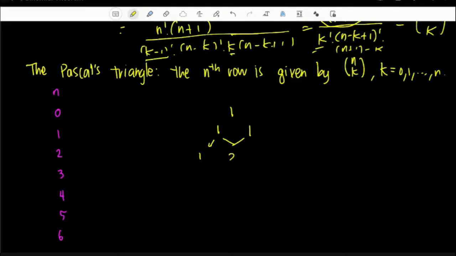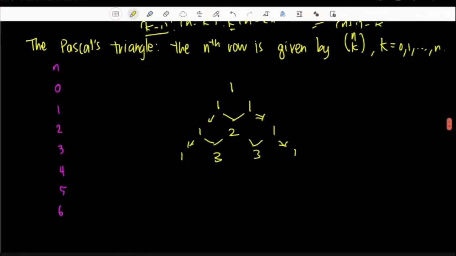So, you get 2. And then here, you just drop 1. So, you just always bring down 1. So, the third row, the fourth row rather, so bring down 1. And then you add these two consecutive coefficients, 3, 3. And then you bring down 1. And then you do the same iterations every row.